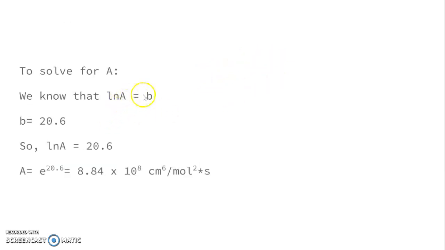So ln of A is going to equal 20.6, and we need to solve for A, so we rearrange that and we get that A is equal to e to the 20.6, and that's going to equal 8.84 times 10 to the 8th. So now we've solved for the parameters of the Arrhenius equation, which are our pre-exponential factor and our activation energy.